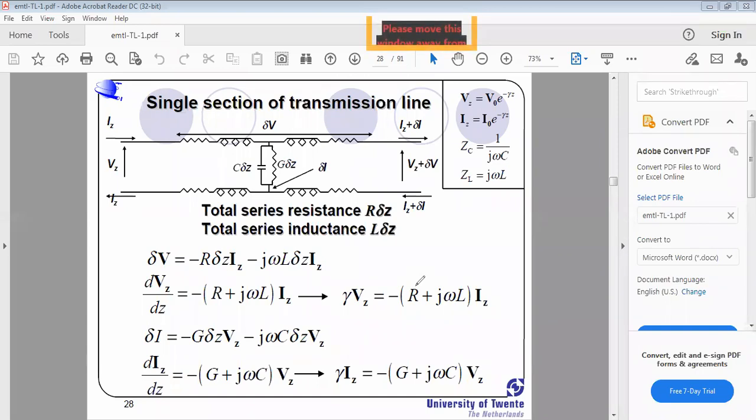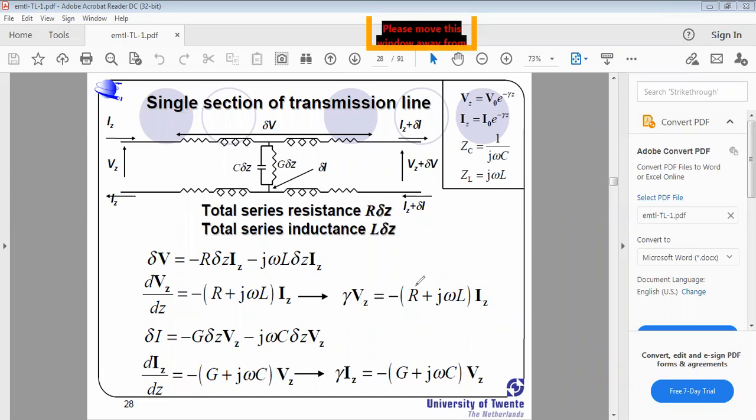V equals IR, that is Ohm's law. So delta V equals R into Iz, the voltage over its length delta Z, the differential length of the transmission line, for that segmented resistance and current Iz.